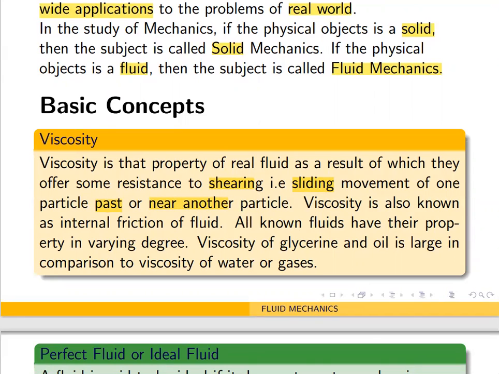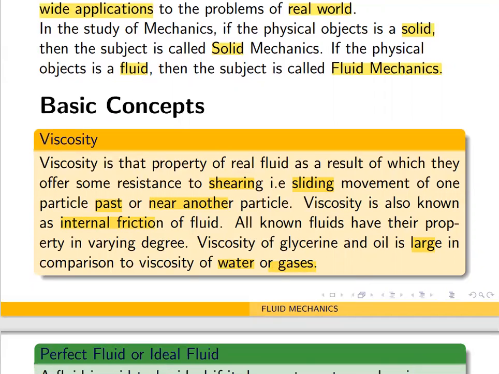Viscosity is also known as internal friction of the fluid. All known fluids have this property in varying degrees. Viscosity of glycerin and oil is large when you compare with that of water and gases.